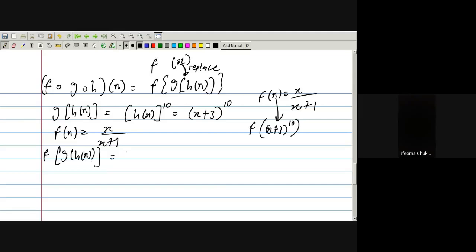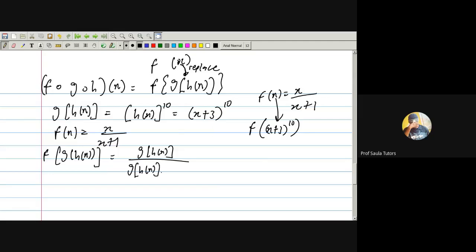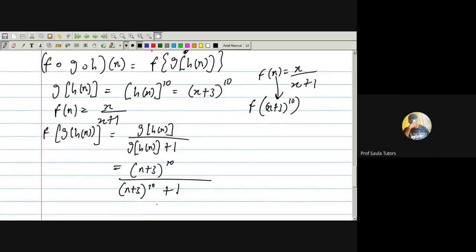So I have g of h of x all over g of h of x plus 1. What's my g of h of x? It gives me x plus 3 raised to power 10, all over x plus 3 raised to power 10 plus 1. So this is my answer.